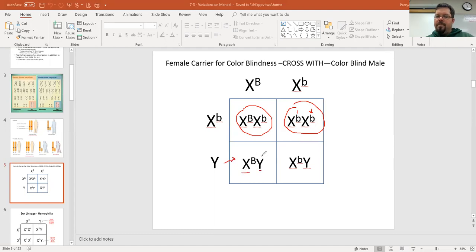It's a 50-50 chance of having a male that's either colorblind, with the defective allele, or not colorblind. Now keep in mind, if a colorblind female had kids with a colorblind male, then 100% of the offspring would be colorblind.